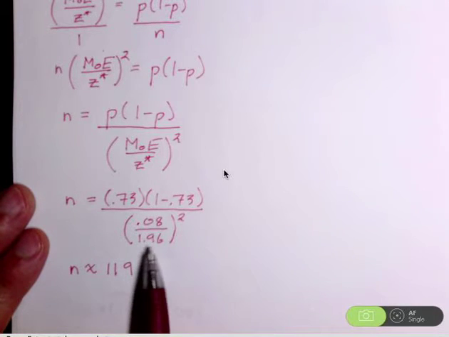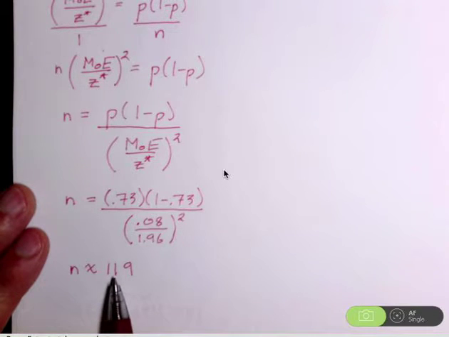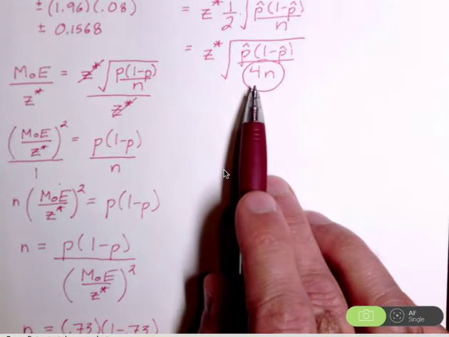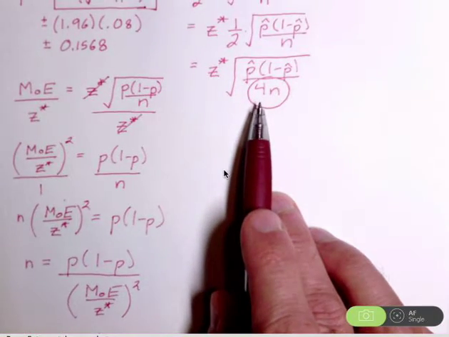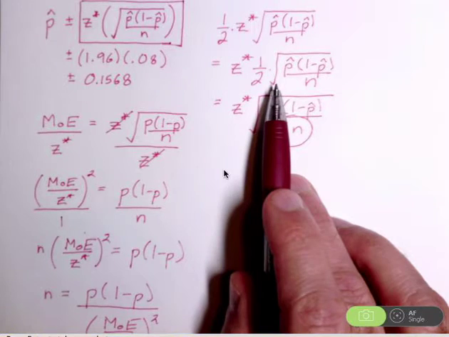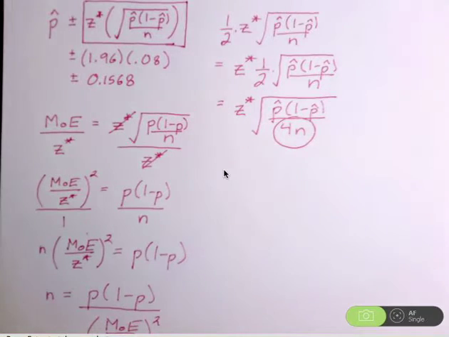For instance, this 1.96 is rounded. So 119, 120, I knew the answer had to be close to 120 in order to achieve the 4 underneath the radical, because that 4 underneath the radical in the denominator is what gives me the 1/2. And our whole goal was to take the margin of error and cut it in half.